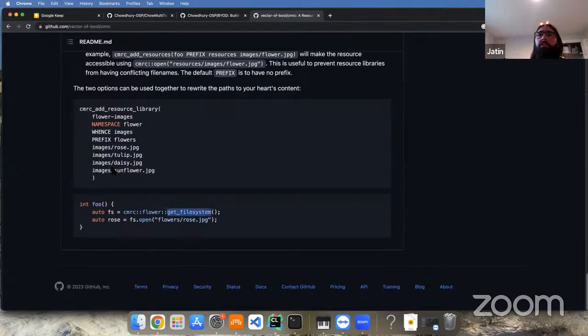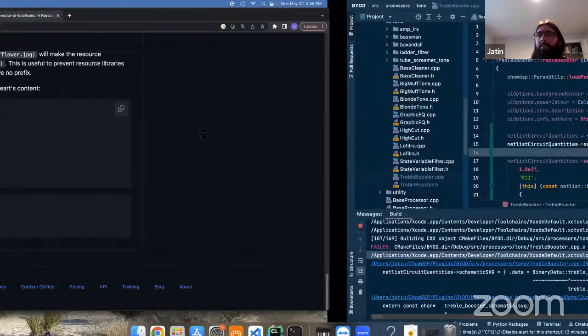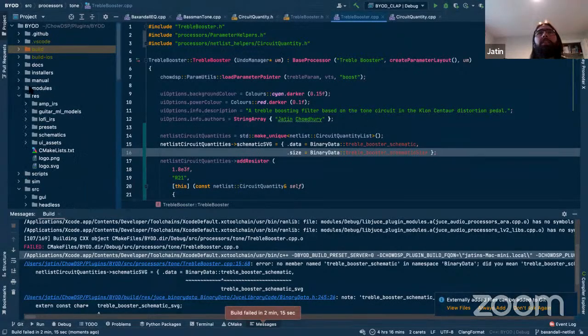So you can do get file system, open files, and whatnot. And yeah, I found that the compile times are usually a little bit better than with binary data as well, especially when you have a lot of it. But yeah, I don't know. I haven't fully decided if it's worth the effort to move BYOD over to that system. Maybe not. I don't know.